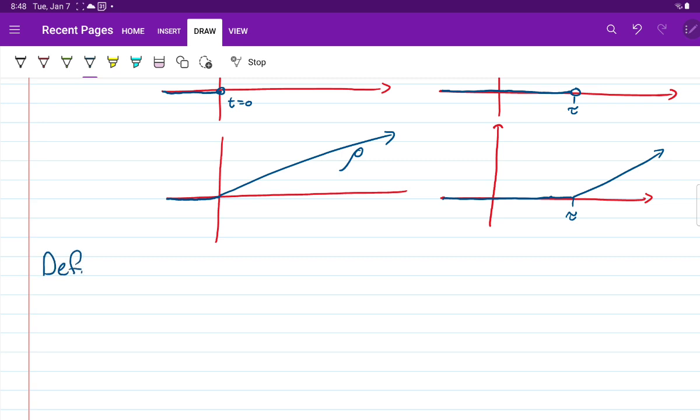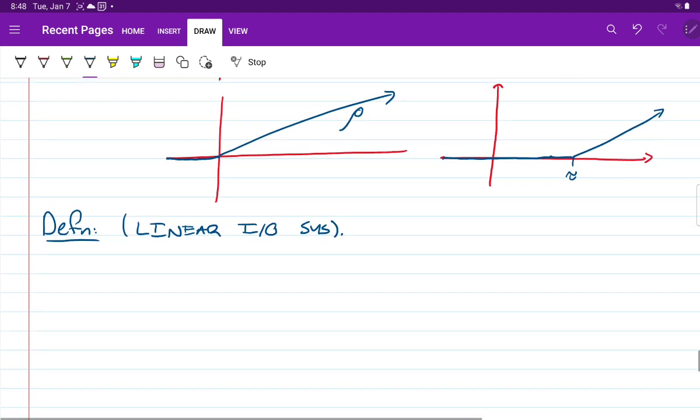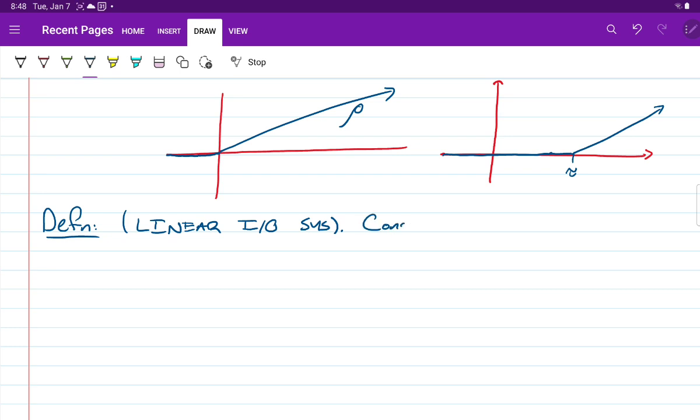So, definition: linear I/O system. Okay, so what I say is consider an I/O system, which I'm going to call D equals, I'll just write the spaces out here because we're going to talk about them in just a sec: U, sigma, phi, and R, okay?